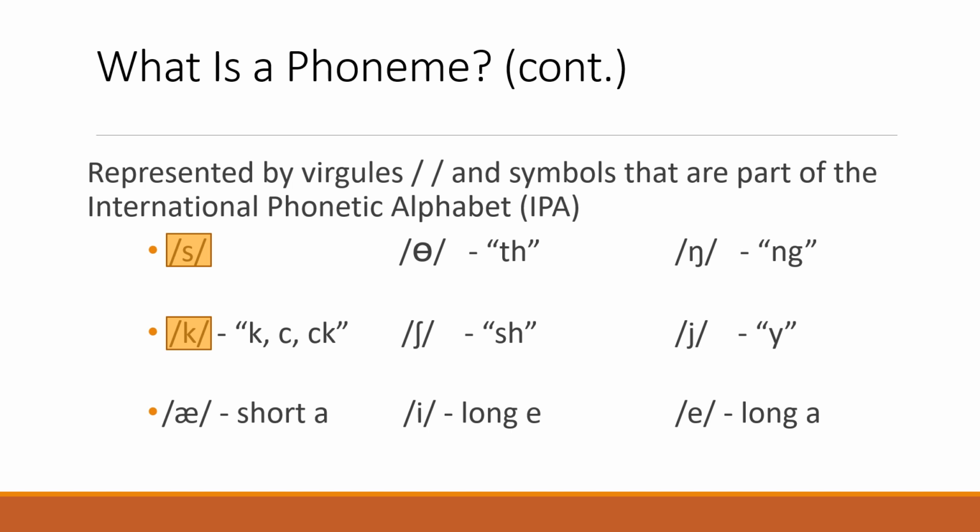In some cases, the IPA symbol looks nothing like the letter. Vowels can be particularly confusing. I in virgules represents the long E vowel, while E in virgules represents the long A vowel. If you don't know the International Phonetic Alphabet, it's probably best to use quotation marks and alphabet letters to represent phonemes.